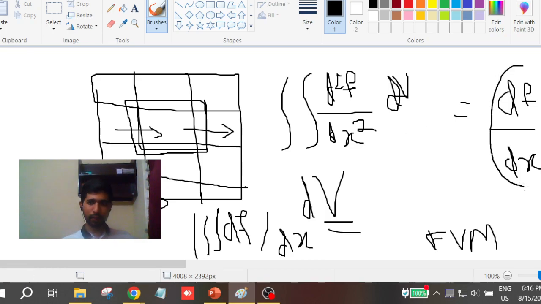So again here we have to use the Taylor series expansion, at least for (f(i+1) − f(i))/Δx. So there will be some amount of truncation error even in the finite volume method.